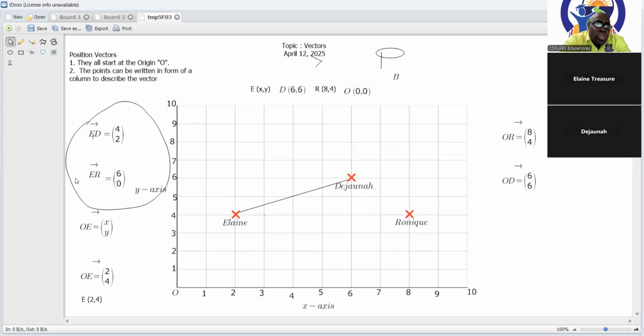But why I wanted you to see that they both share the same E is what I told you before, that the position vectors will not always begin with the letter E, technically. Because in the exam, they might design something that looks like a triangle here, and in there it does have E, D, and R. You understand now? That's why I deliberately draw your attention to that for a reason.